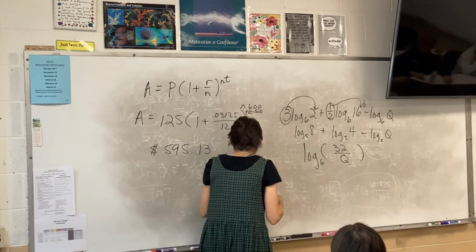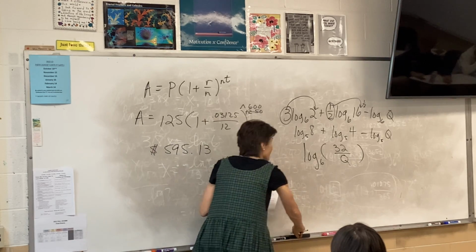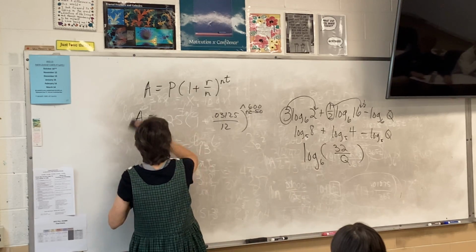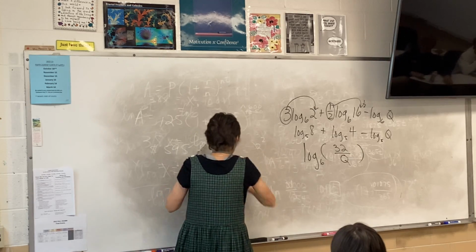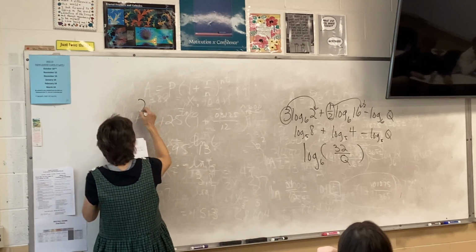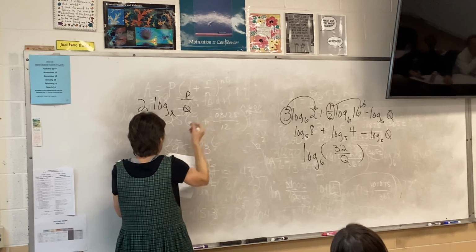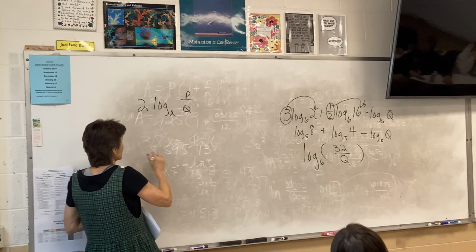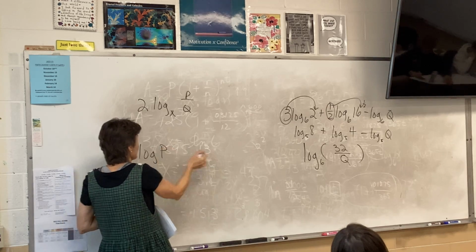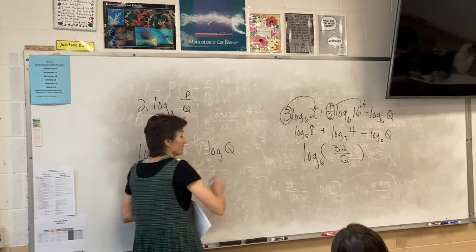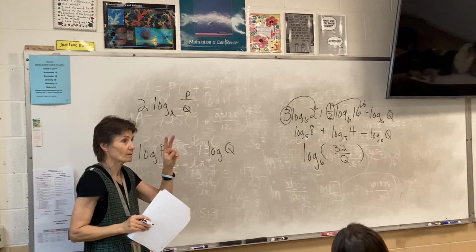Let's take a quick look at A and B, and see if we have time. So 2 log base x of p over q, and you are expanding this. So you're gonna have a log of p and a log of q. You're gonna break it apart into 2 logarithms.